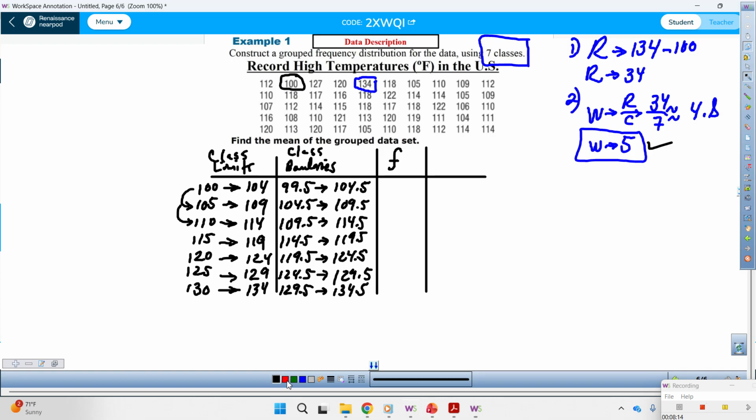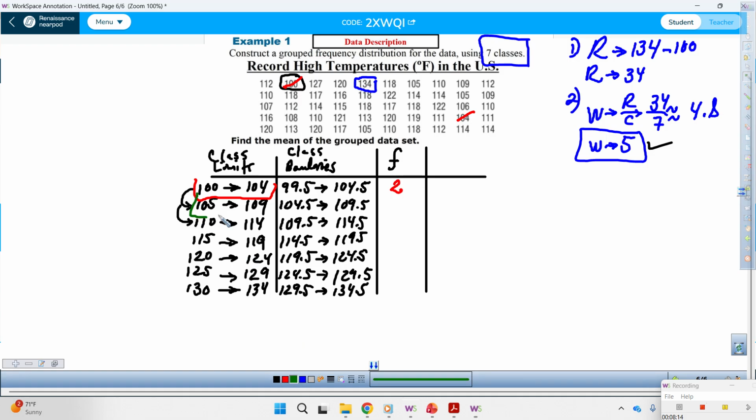Frequency for 100, from 100 to 104. Let's see. We got 1, 2, 2.